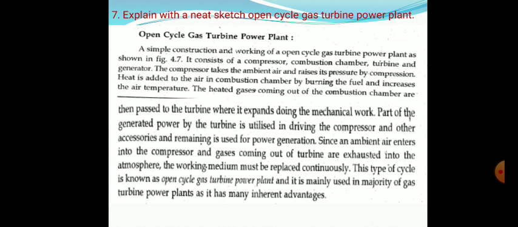Since ambient air enters into the compressor and gases coming out of the turbine are exhausted into the atmosphere, the working medium must be replaced continuously. This type of cycle is known as open cycle gas turbine power plant, and it is mainly used in the majority of gas turbine power plants as it has many inherent advantages.